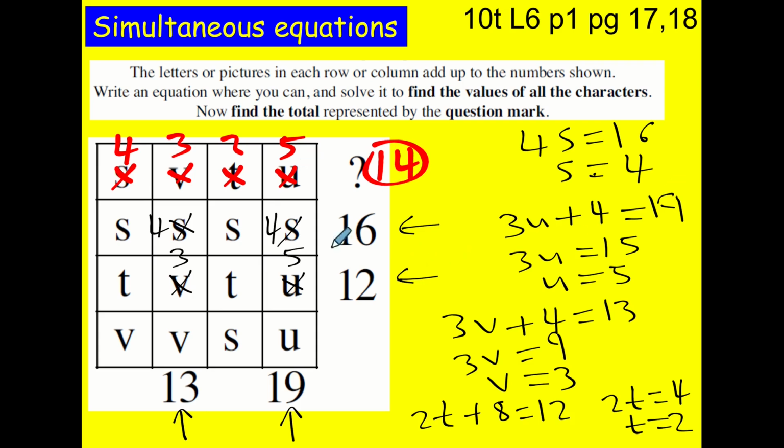So actually, this was an example of simultaneous equations because I had 4 equations and 4 things I didn't know, and that's what we mean by simultaneous equations. This one worked out all right because some of the equations were particularly simple. One of them was 4s equals 16.